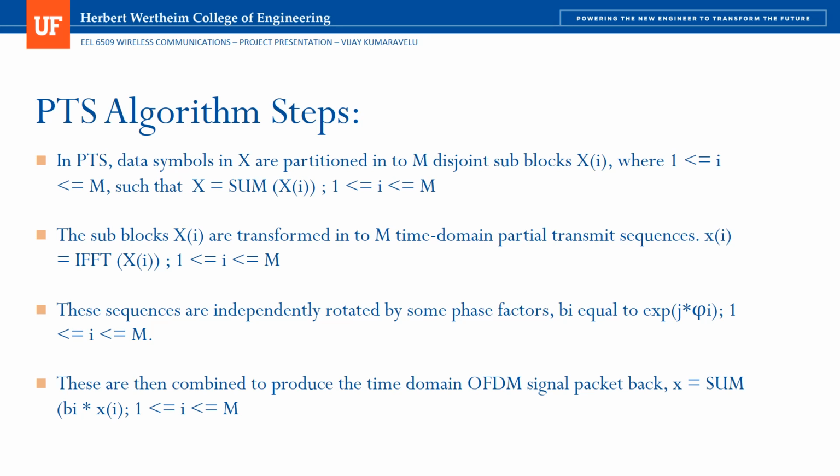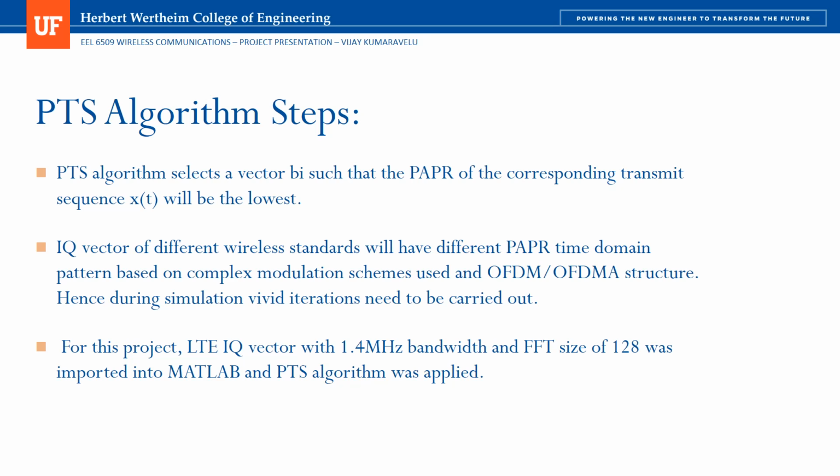Then they are rotated by some phase factors, that is by b_i, and then they are combined to produce a time domain OFDM signal packet. Now it is very important to select this vector b in such a way that the PAPR of the corresponding transmit sequence will be the lowest.